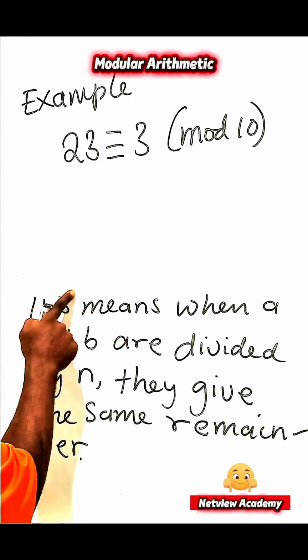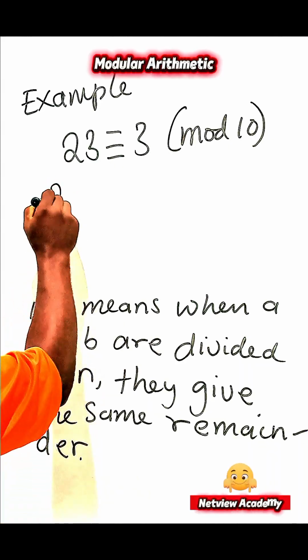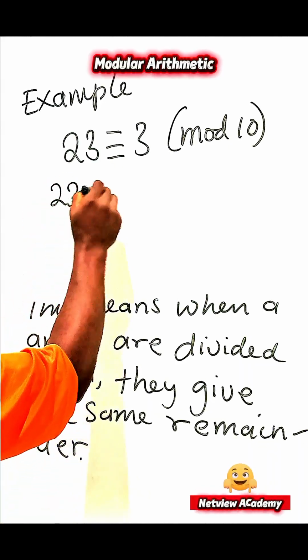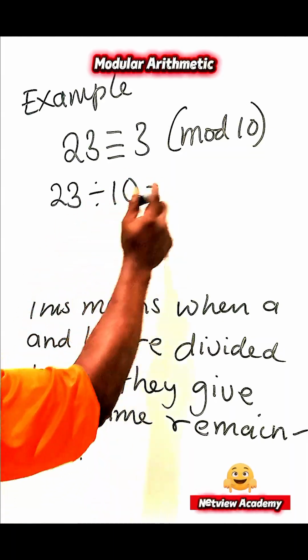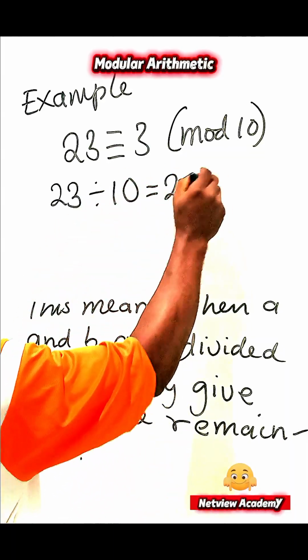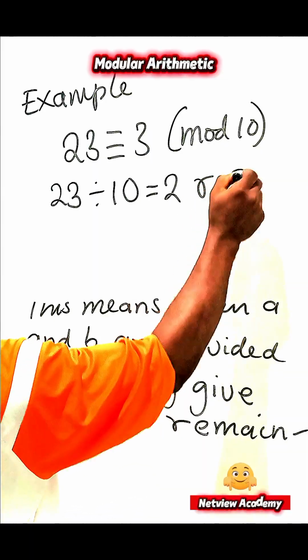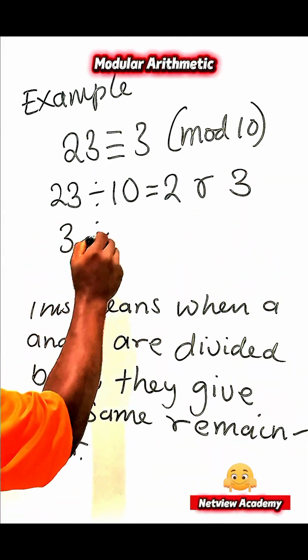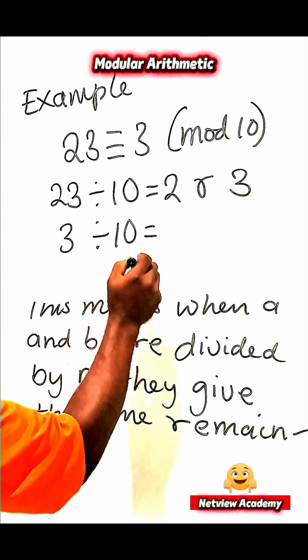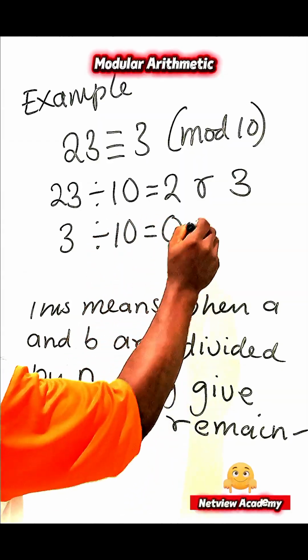Now let's take a look at it. 23 divided by 10 is equal to 2, remainder 3. And 3 divided by 10 is equal to 0, remainder 3.